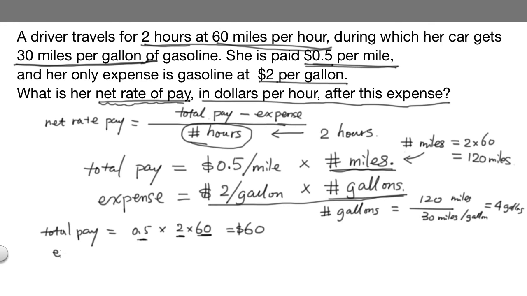The total expense equals $2 per gallon times the total number of gallons, 120 miles divided by 30 miles per gallon, which is 4 gallons, and that equals $8.